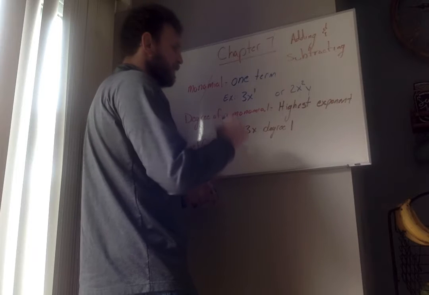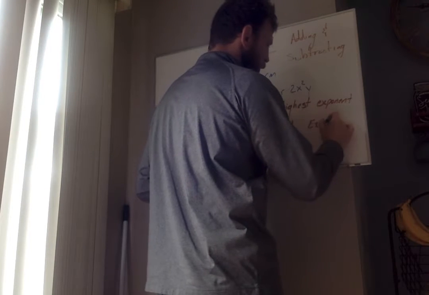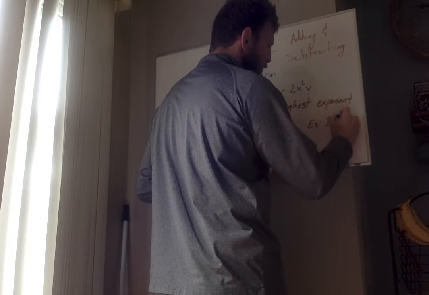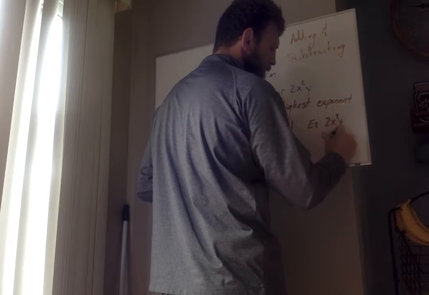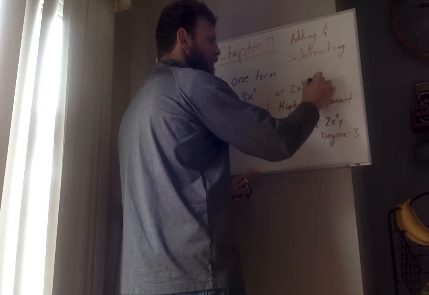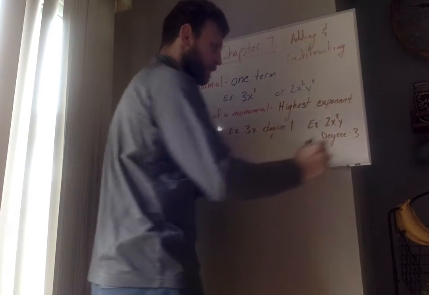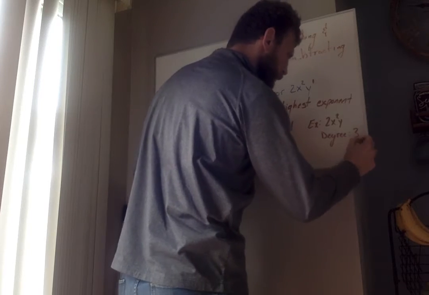Why? Because there's only a 1 there. For 2x squared y, the degree would be 3. Where does the 3 come from? Well, there's a 2 there and a 1 there. Notice they're different variables, so I have to do 2 plus 1, and that's 3.